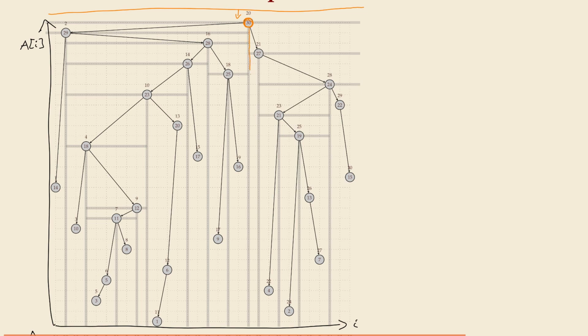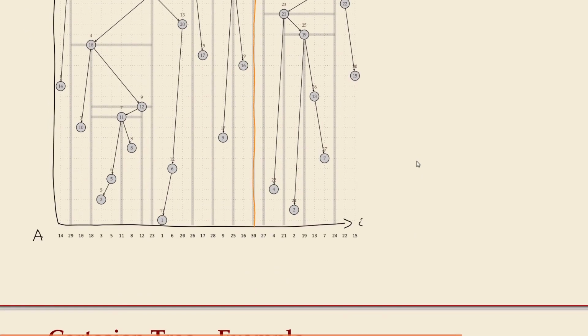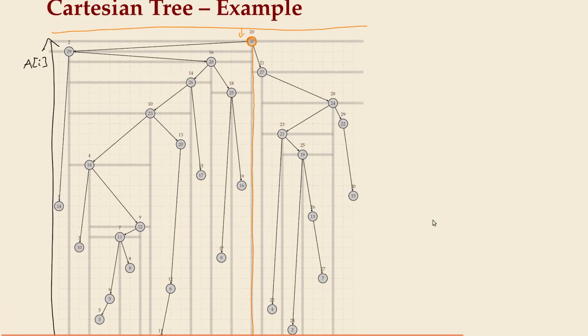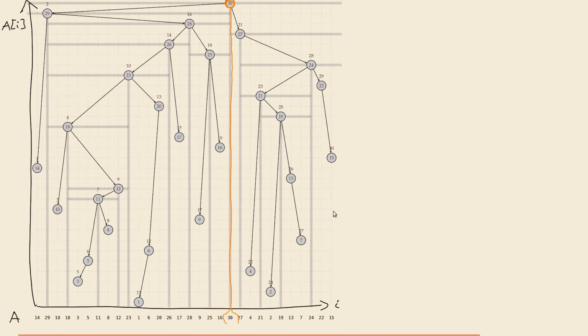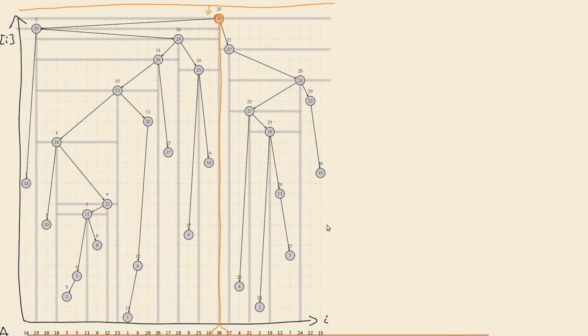And it also separates the rest of the points and the array into two parts, namely everything that's left and everything that's right of that point. And now we treat these parts completely independently. The same procedure builds a tree in those two parts separately.